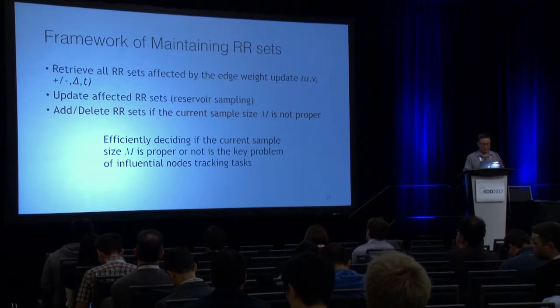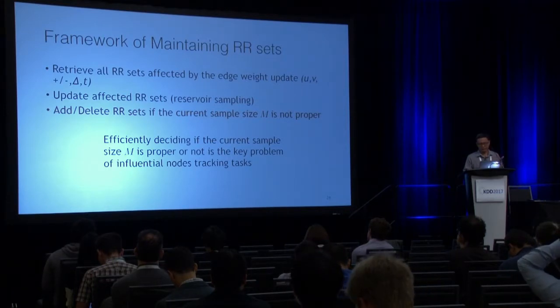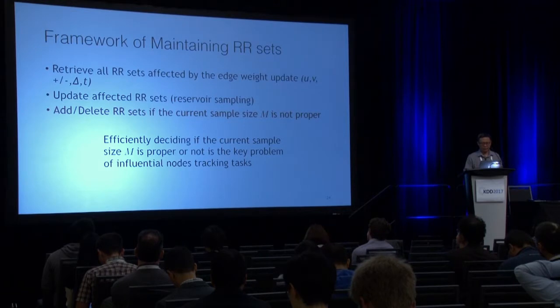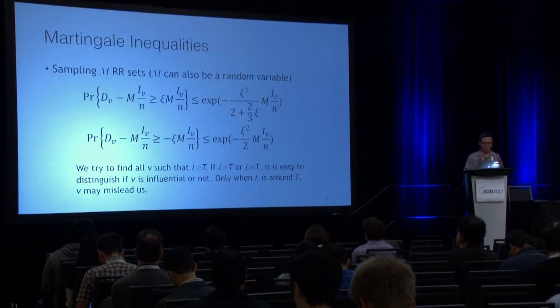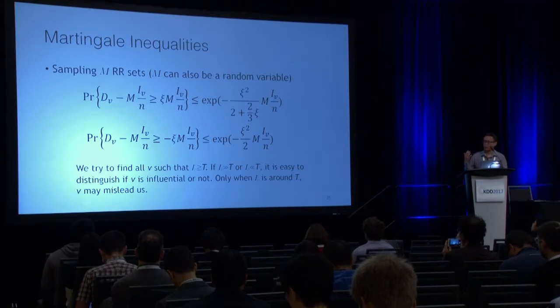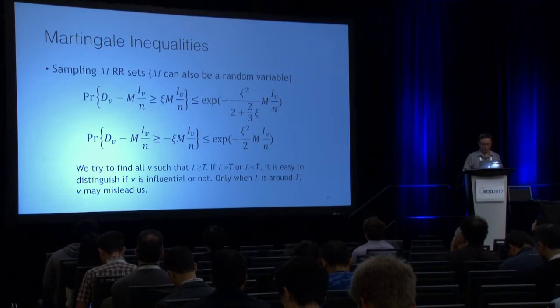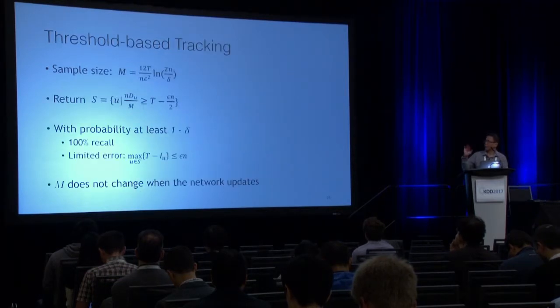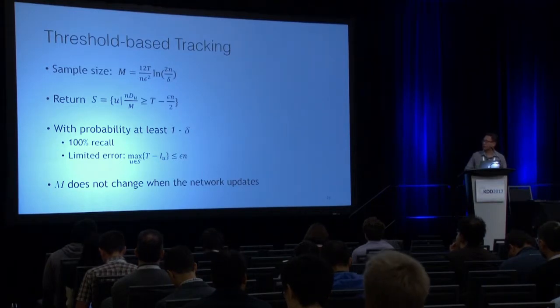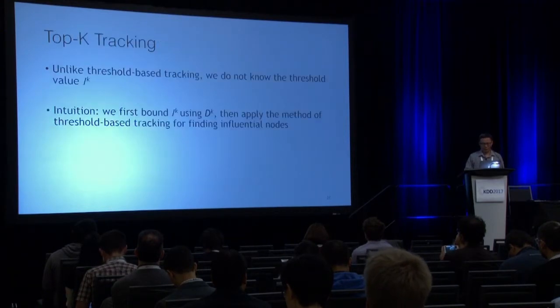We update those RR sets, and we add or delete RR sets if the current sample size m is not proper. And to decide the RR set size m, we use martingale inequalities here, which will give us the quality guarantee in the probability sense. Okay. So if you follow this mathematical model, you can decide the sample size according to those formulas. Okay. So that's the basic framework to solve the problem.